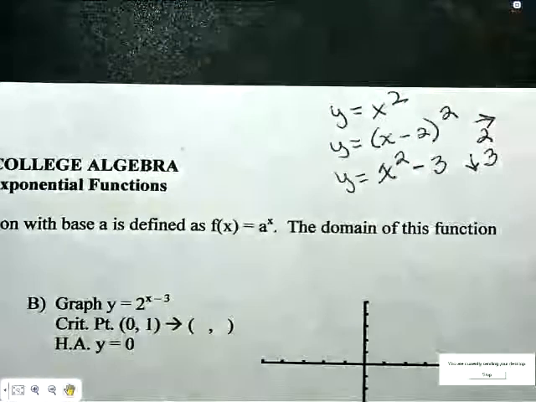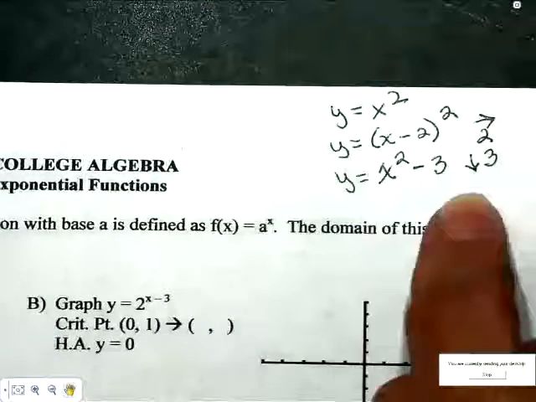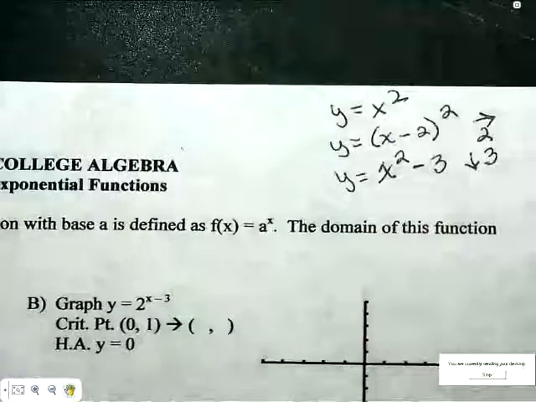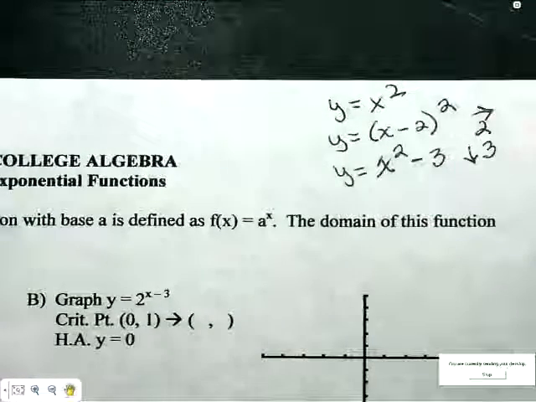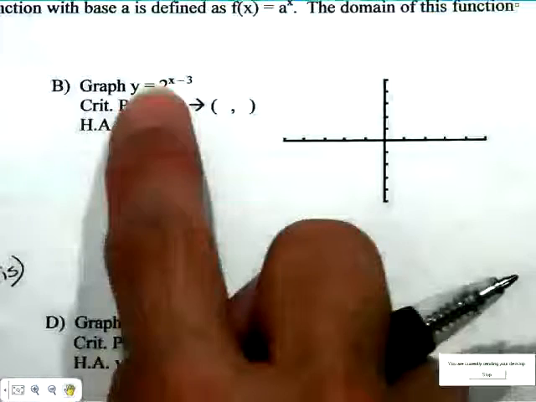You can apply what you know about horizontal and vertical shifts to the exponential function and figure out the graphs of many other exponential functions. For example, my example B here, y equals 2 to the x minus 3.